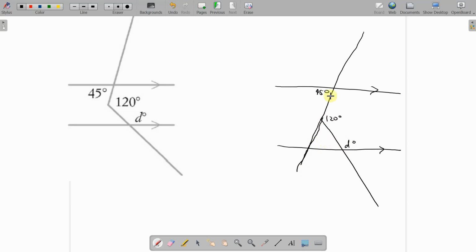Find where a triangle is. That's 45. These two here are interior, so that one's got to be that one, and that one's 180, so that's 135. That one there, 135 and 45. Once I get here, I can work out what this one is, because those two add up to 180. But it's also alternate to that one.